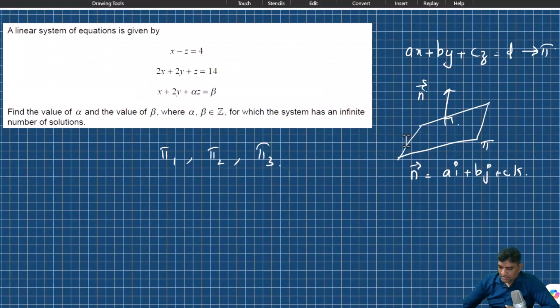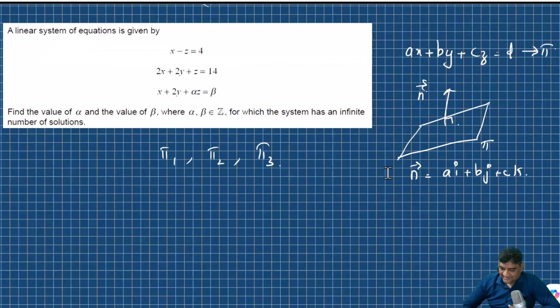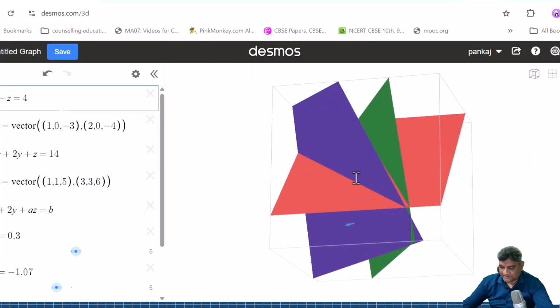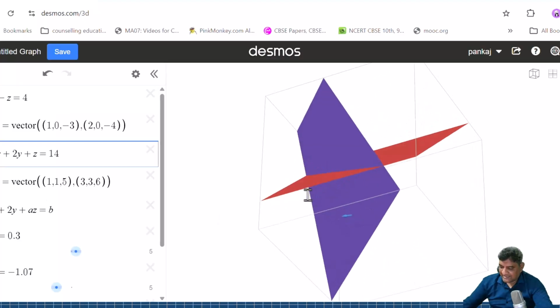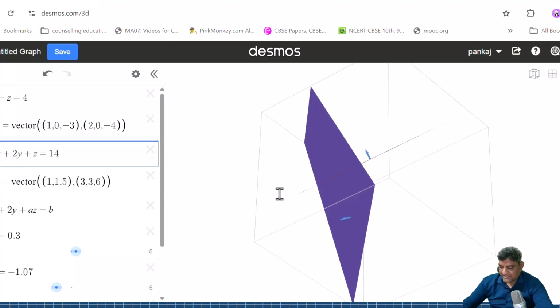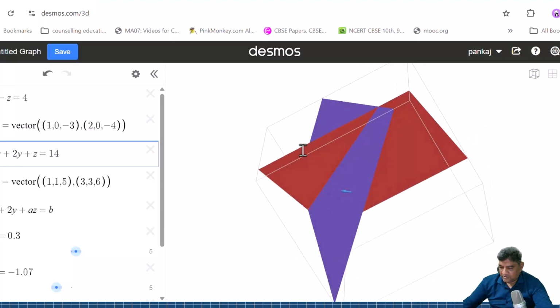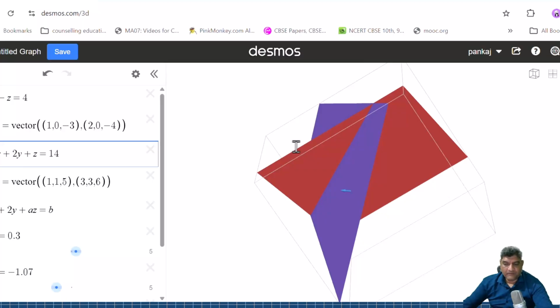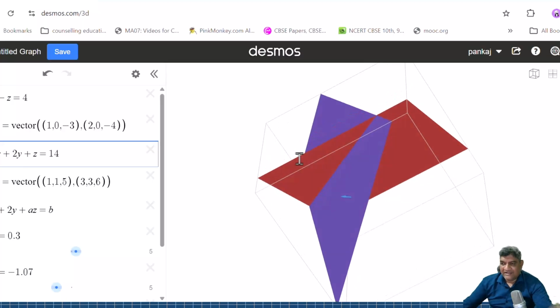Now that I understand what's happening, let's take the two planes and try to find the line of intersection of the two planes. Can I say that the line of intersection of the two planes is perpendicular to both the normals of the planes?